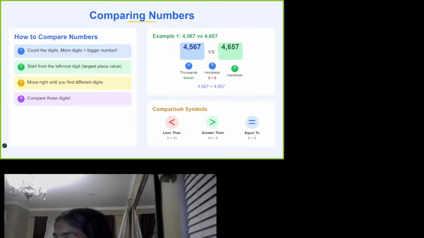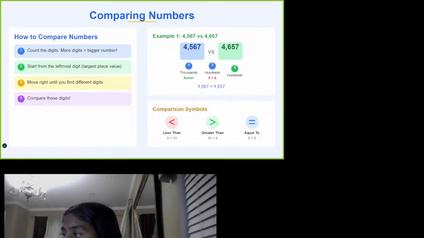And these are the comparison symbols. This symbol means less than. So a number on the left that is less than the number on the right, you use this symbol to represent that.